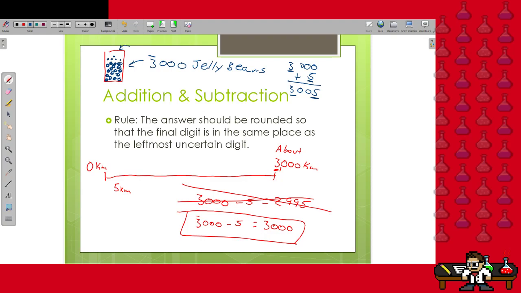If I round to something, I have no idea what is coming after that. That's where my estimation took place. So if I rounded here to the thousands place, I don't have any information about what comes after that. If I round here to the ones place, I don't have any information about what comes after that. So where we've made our estimations is where we need to cut off our number.